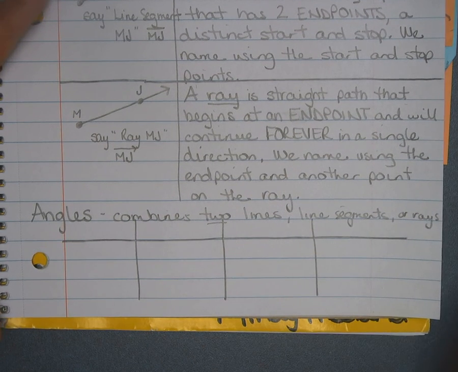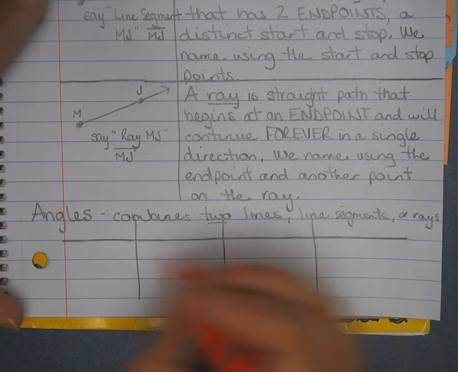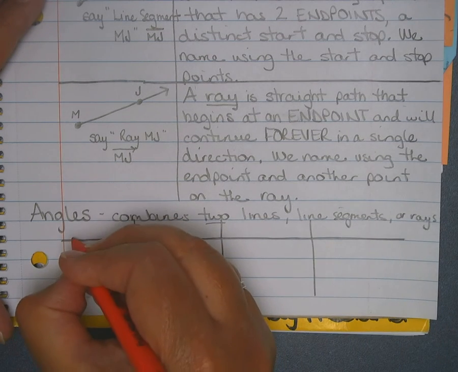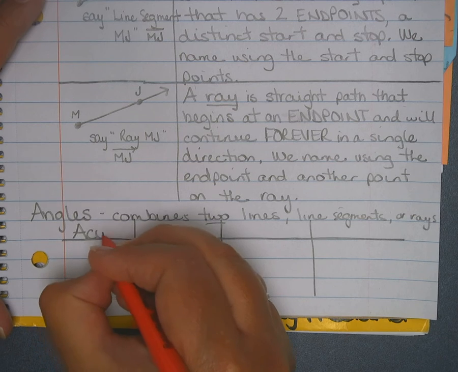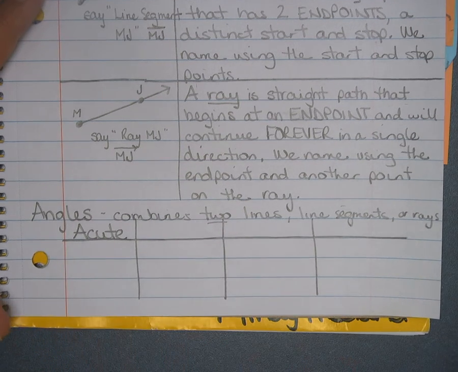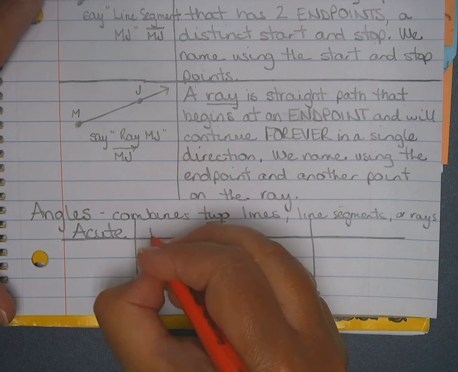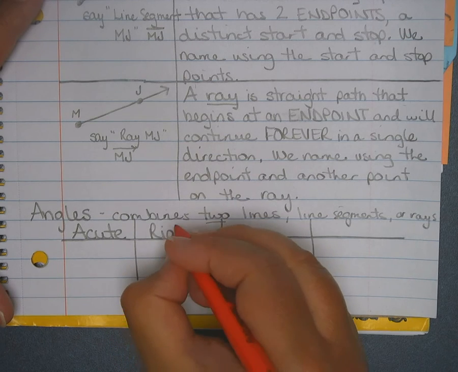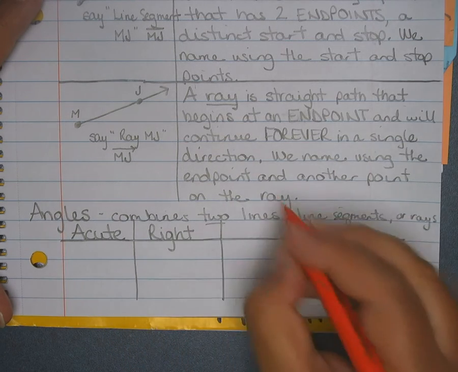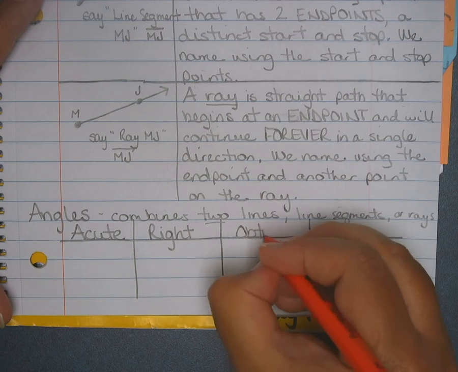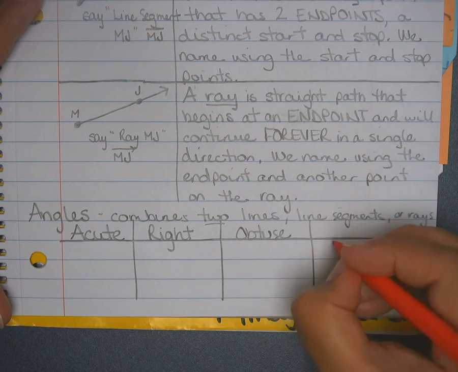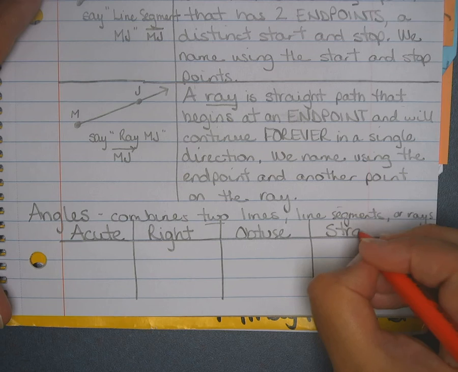These 4 different types of angles that we could create fall into the category of an acute angle, a right angle, an obtuse angle, or a straight angle.